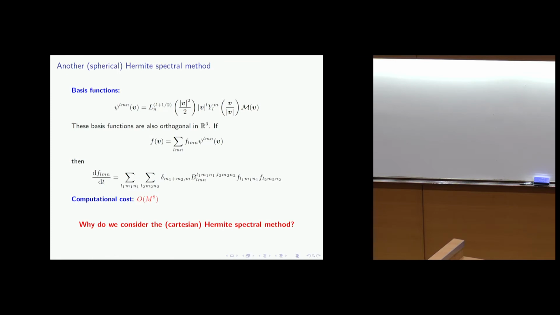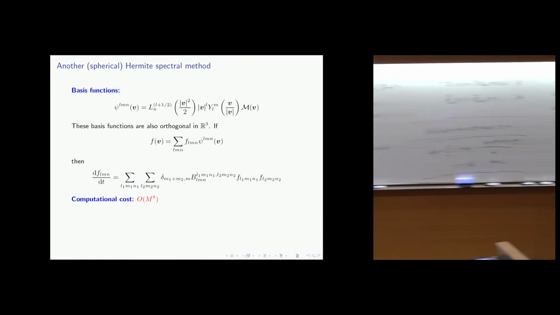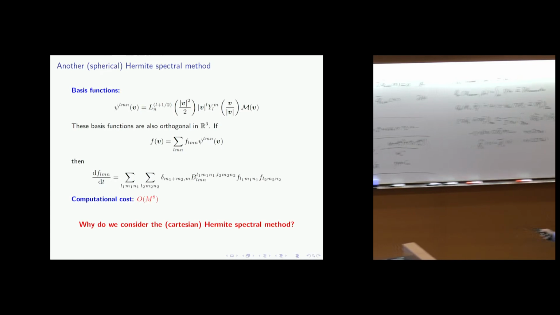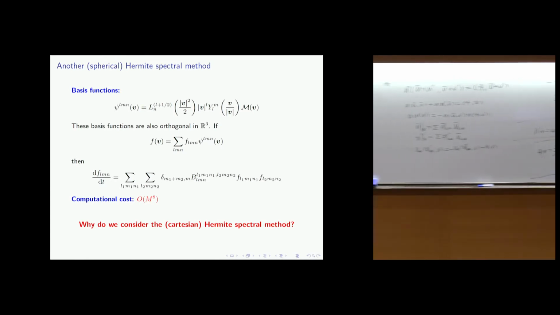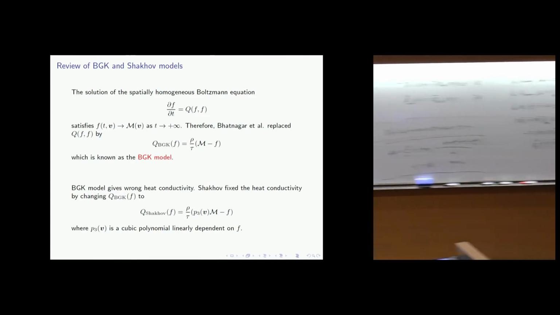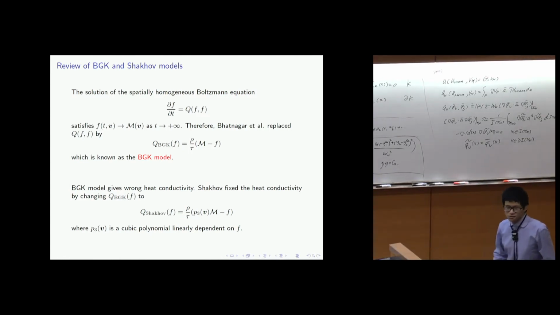Okay, until now we need to answer 2 questions. The first one is, why don't we use this Fourier spectral method? And the second one is, why don't we use these basis functions? Okay. To answer these questions, I need to drag you a little bit far away from this topic.